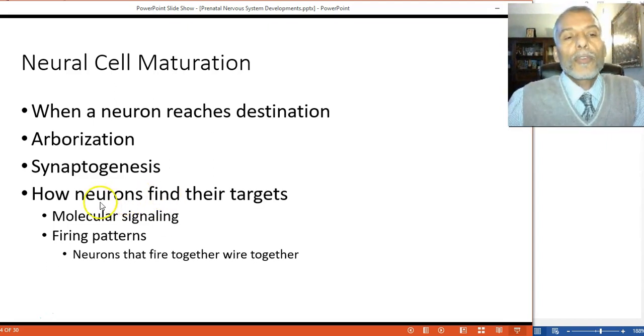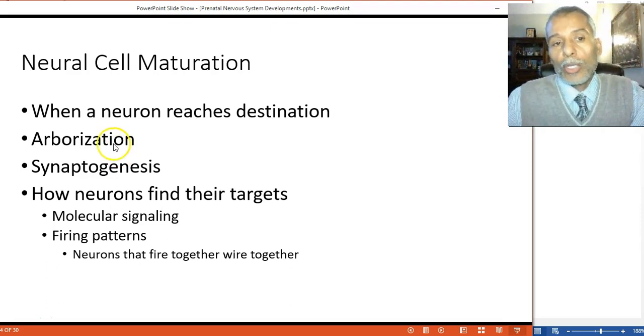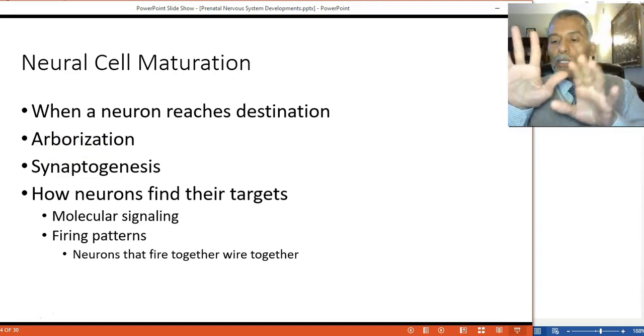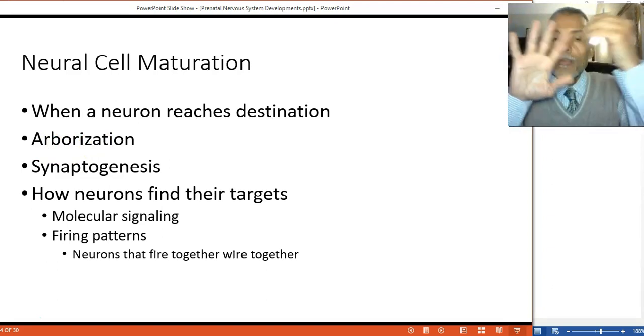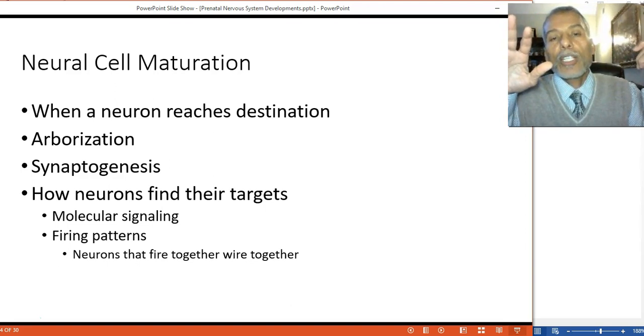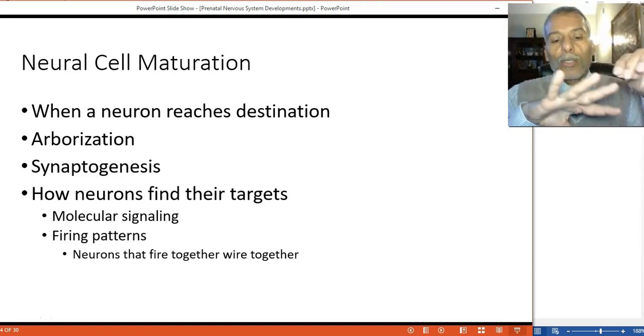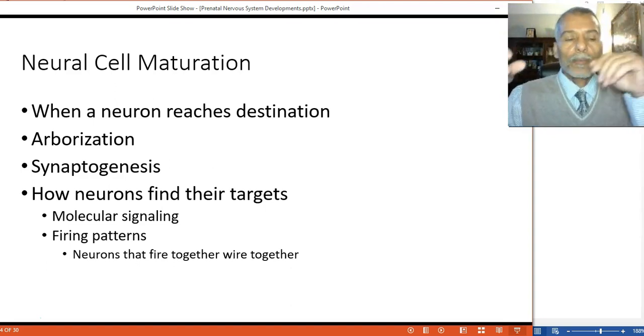So one of the first processes that new cells that have reached their destination do is to grow new dendrites on their cell bodies. And this is called arborization. Arbor means tree. Arborization is the process of growing branches.